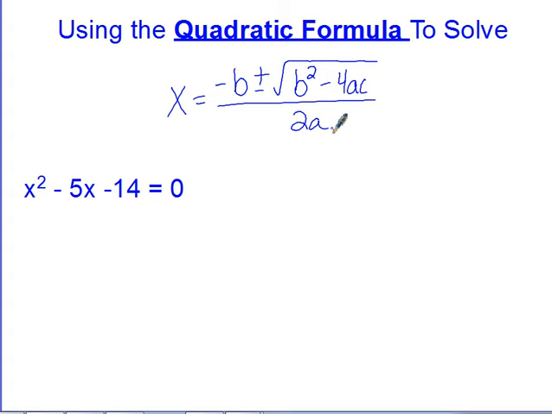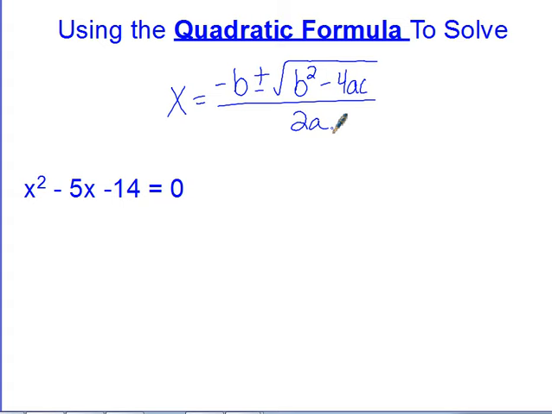Now, why would I have to use the quadratic formula? Because I showed you how to just factor it, right? Can't you just factor and separate and solve? So then why do you need the quadratic formula? Sometimes you can't factor. Simple as that.